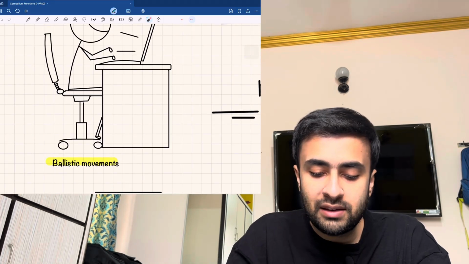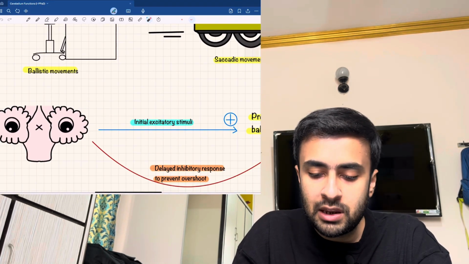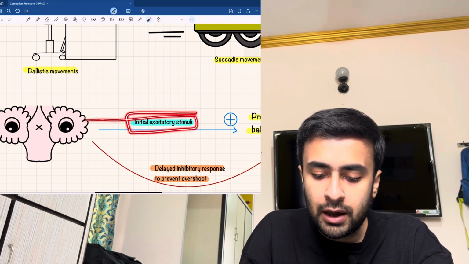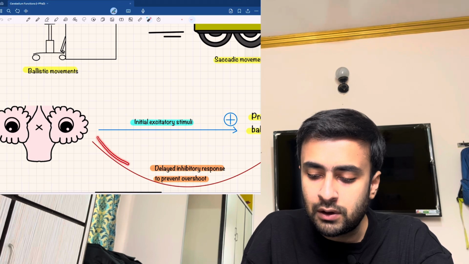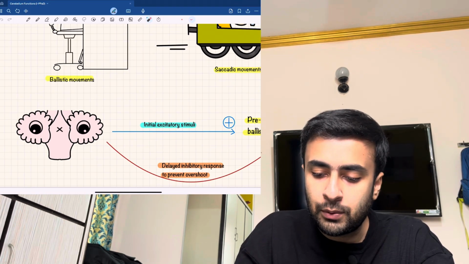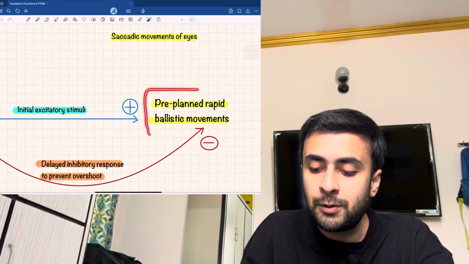This kind of ballistic movement is only possible when the cerebellum initially sends out a signal which is excitatory in output, followed by a negative stimulus which prevents the overshoot from happening, and these two stimuli, timed differently, help us perform pre-planned rapid ballistic movements.